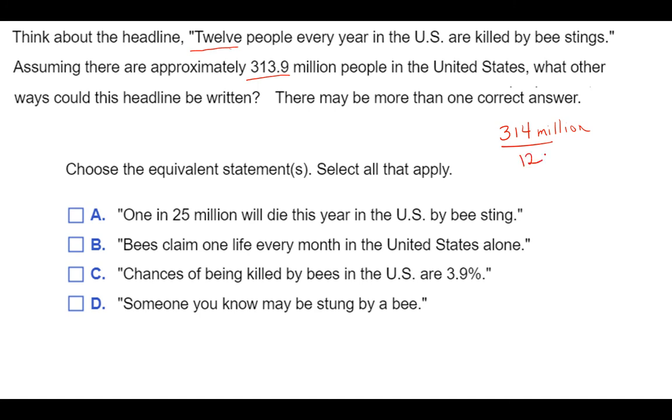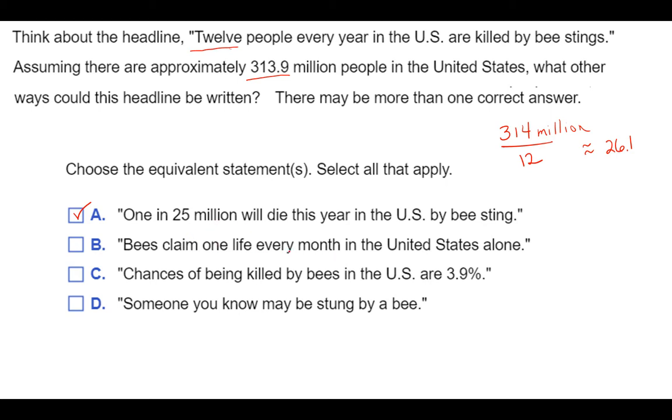There's 12 people. Comes out to be about 26.1. I think that makes this a reasonable claim. It's true this is a little more than 1 out of 25 million people, but that's okay.